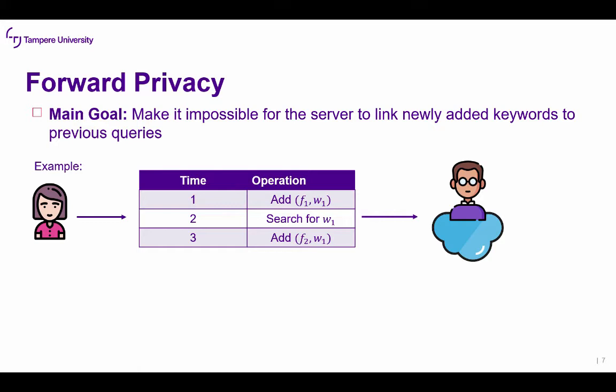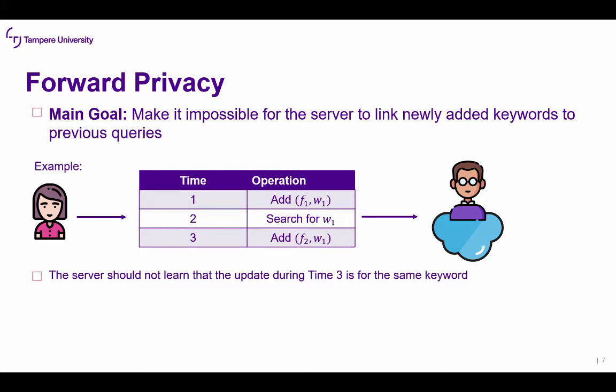Then at time 2, she's searching for those files that contain the keyword w1, and naturally she gets back f1. And at time 3, she adds a new file f2 that also contains the keyword w1. So we do not want the server to learn that the update during time 3 is for the same keyword as in times 1 and 2.